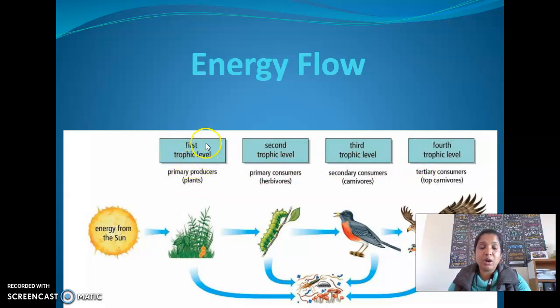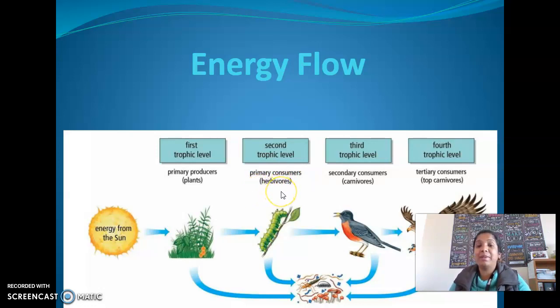So the first trophic level is the plants, which photosynthesize to take the energy from the sun, and they are called primary producers. From the plants, the energy flows to primary consumers, which are also called herbivores.